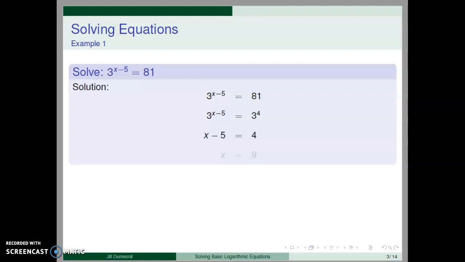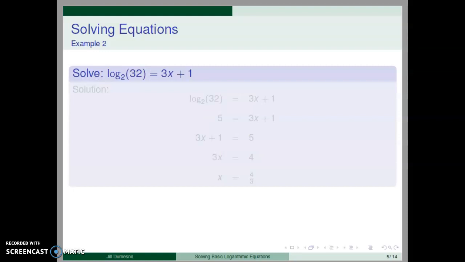We can solve the resulting linear equation for x by adding 5 to both sides. We get that x equals 9 is the solution to our equation. Plugging x equals 9 into our original equation, we get that 3 to the 9 minus 5 equals 3 to the 4, which is 81, so our solution checks.